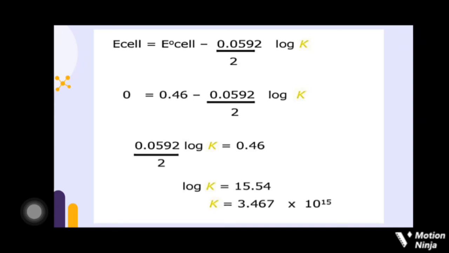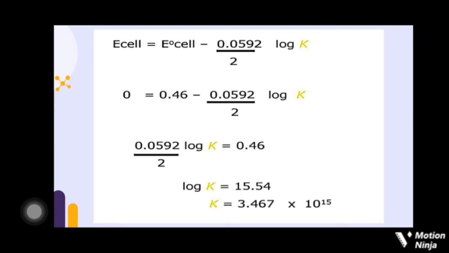But first, you need to transfer the 0.0592 divided by 2 and the log of K to the left side, so that the 0.46, or the E naught cell, will remain at the right side.